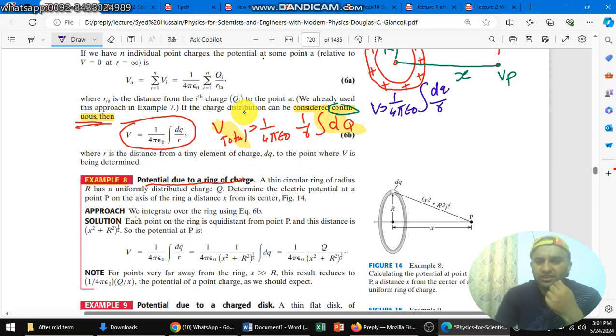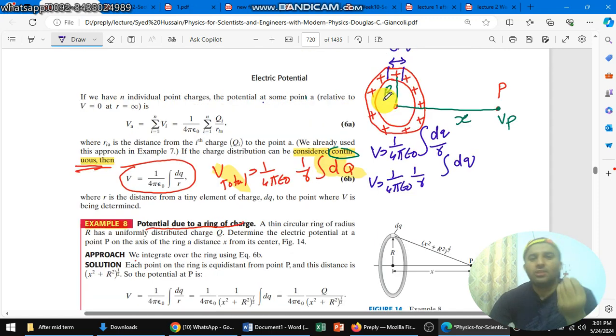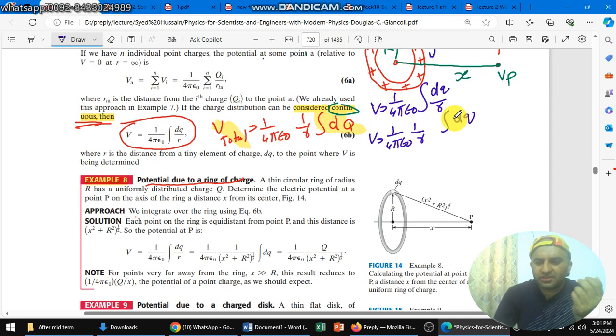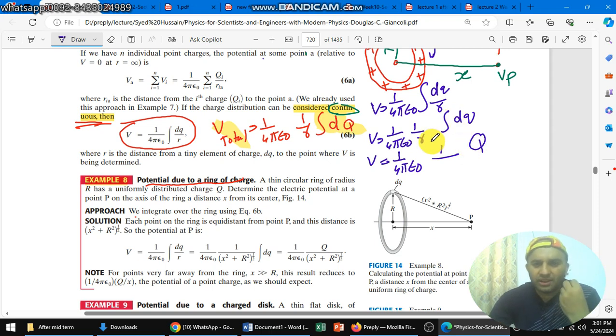We integrate for the whole surface, so the integration of dq is simply Q. So V is equal to 1 over 4 pi epsilon naught, 1 over r, and the integration of dq is simply Q. And what is distance r?